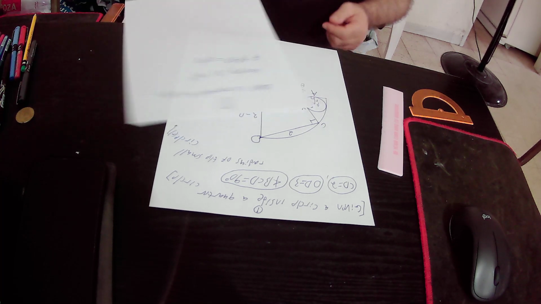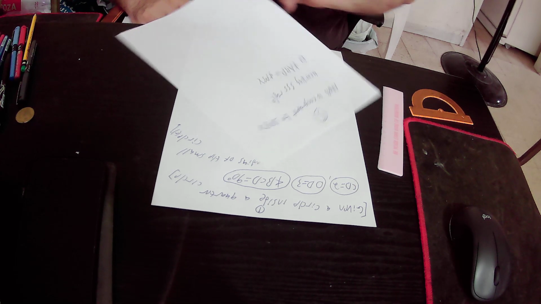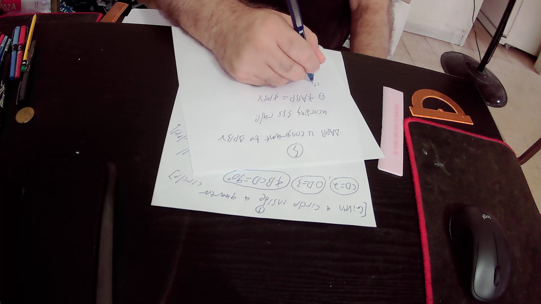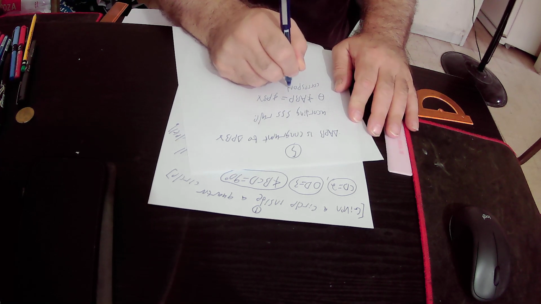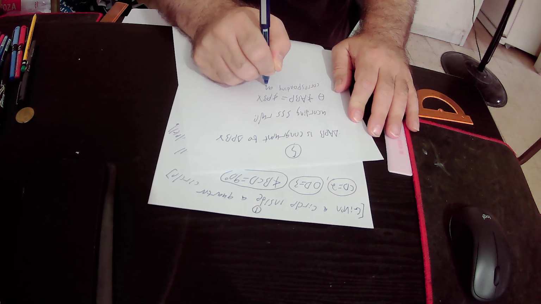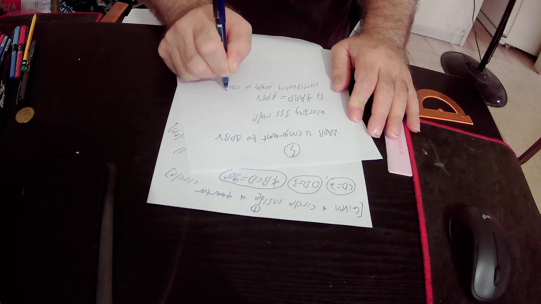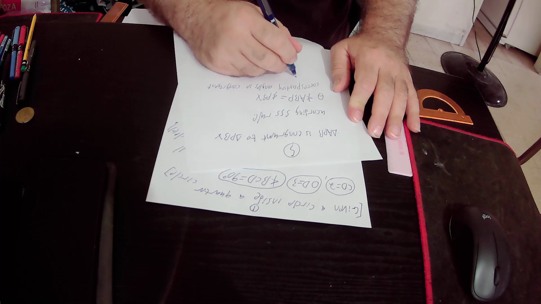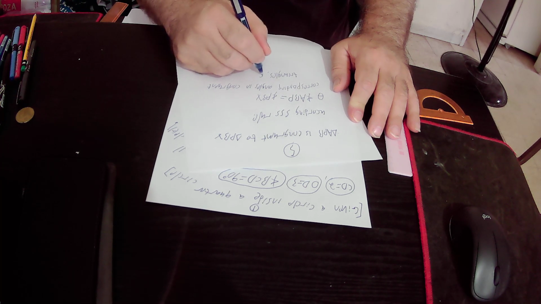So again, angle ABP equals angle PBX according to the rule that corresponding angles in congruent triangles are equal to each other.